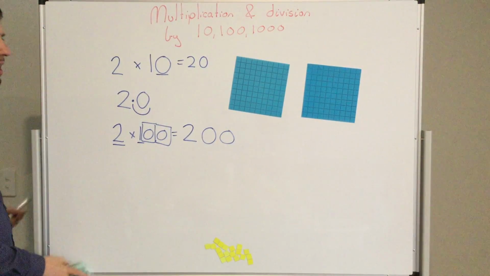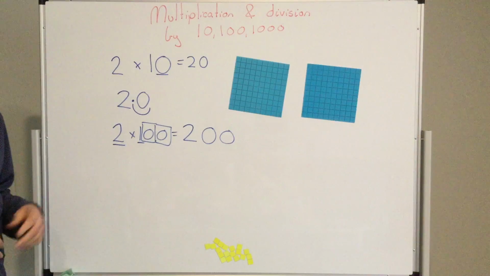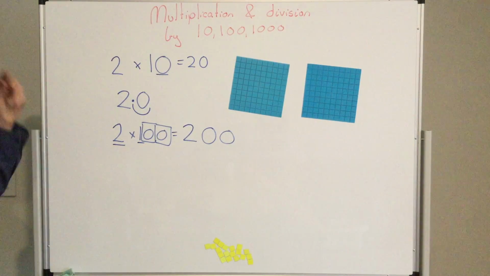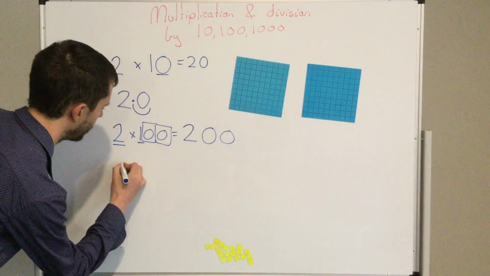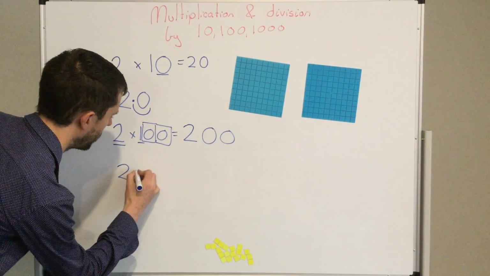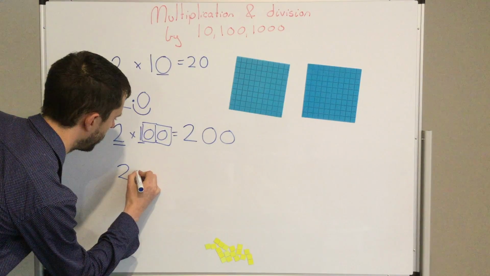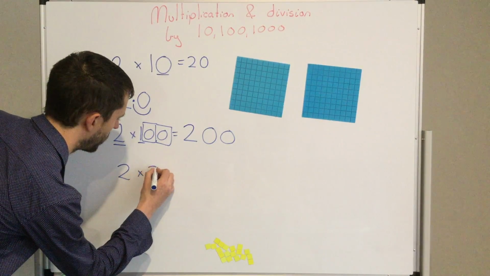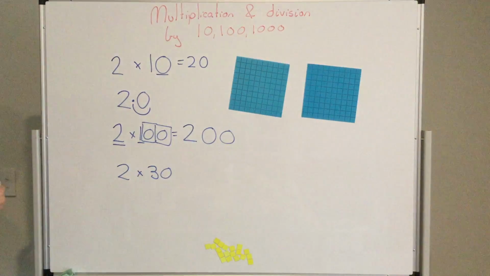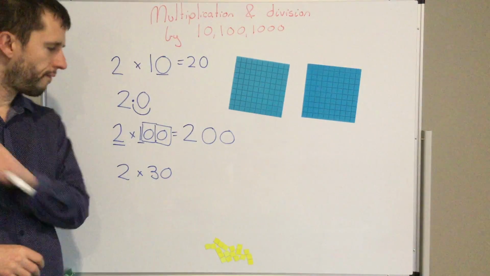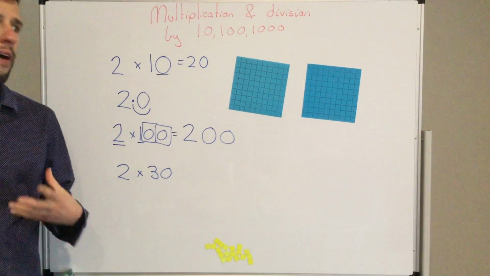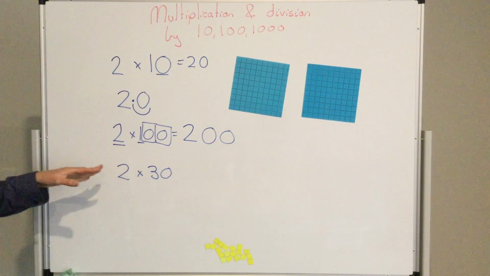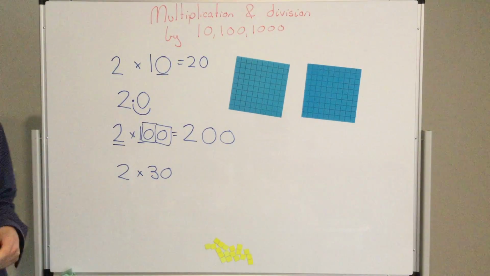So what we've just done here also links on to us multiplying other numbers. For example, 2 times 30. Now the first thing I would like you to think about here is we always just look at our first 2 numbers. Now, before we do that, let's just work out the answer.